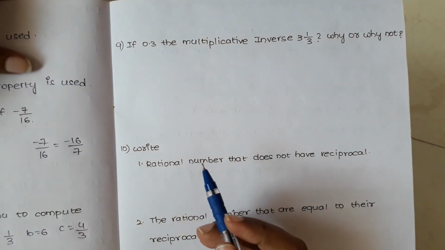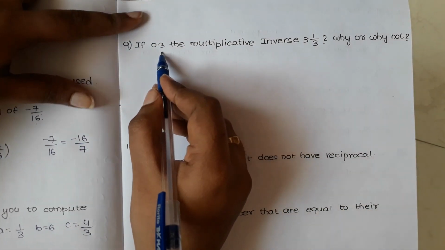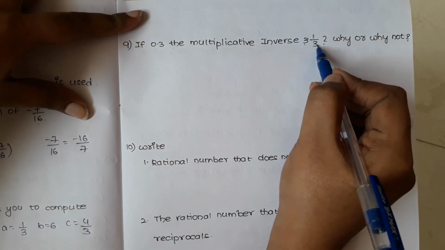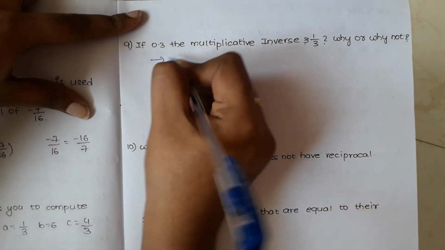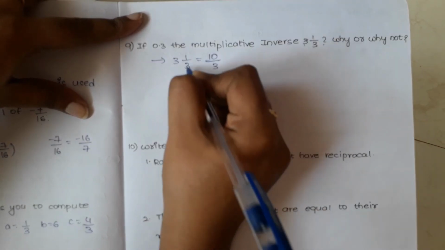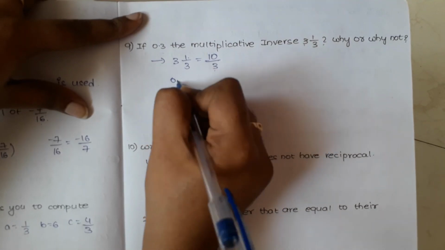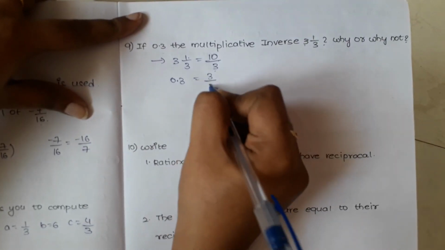Now let us see the next problem, that is: given that 0.3 is one number and 3 1 by 3 is another number. 3 1 by 3 is nothing but 10 by 3, since 3 into 3 is 9, plus 1 is 10 by 3, and 0.3 equals 3 by 10.